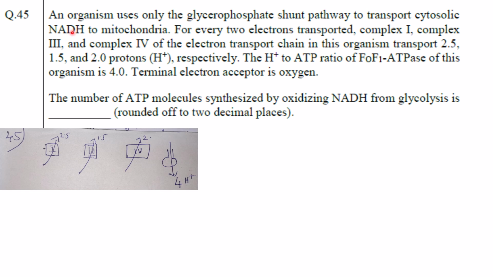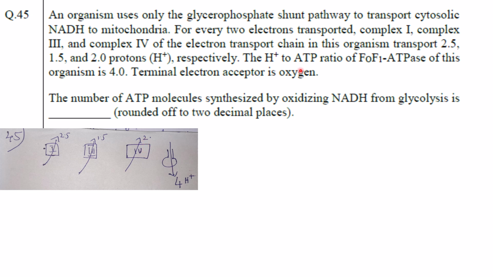Then next one. An organism uses only glycerophosphate shunt pathway to transport cytosolic NADH to mitochondria. For every 2 electrons transported, complex 1, complex 3, complex 4 of the electron transport chain in this organism transport 2.5, 1.5, 2 protons respectively. So complex 1 transports 2.5, complex 3 transports 1.5, complex 4 transports 2.